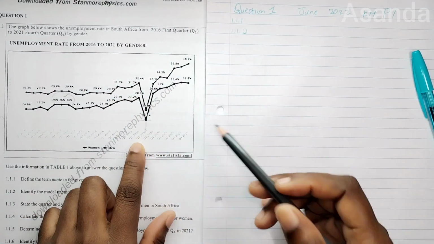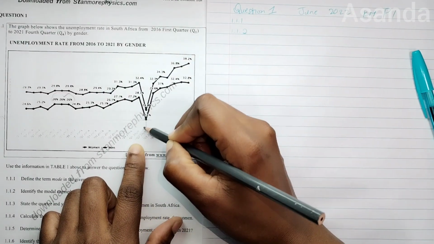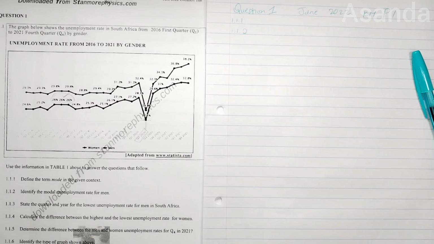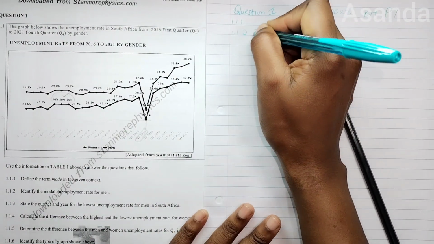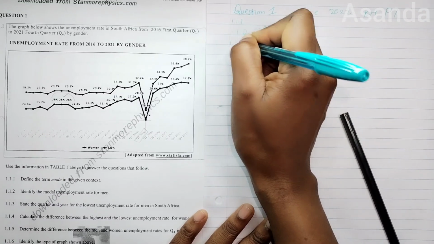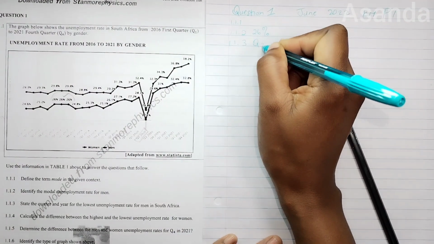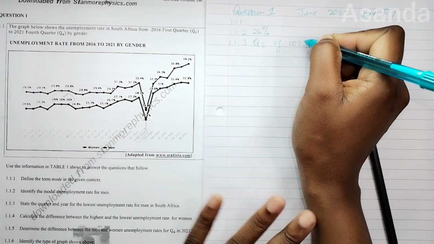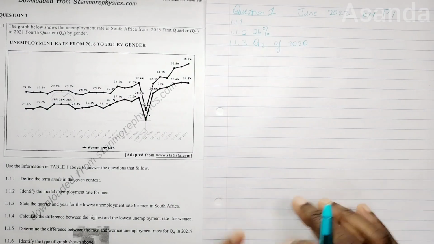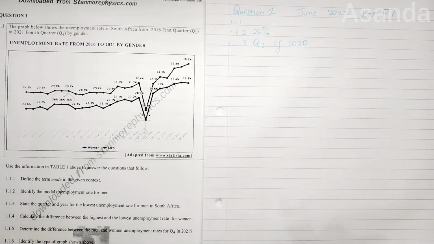So that would be quarter 2 of 2022. No, there's no 2022 yet, it's 2020. I just can't read those numbers properly.